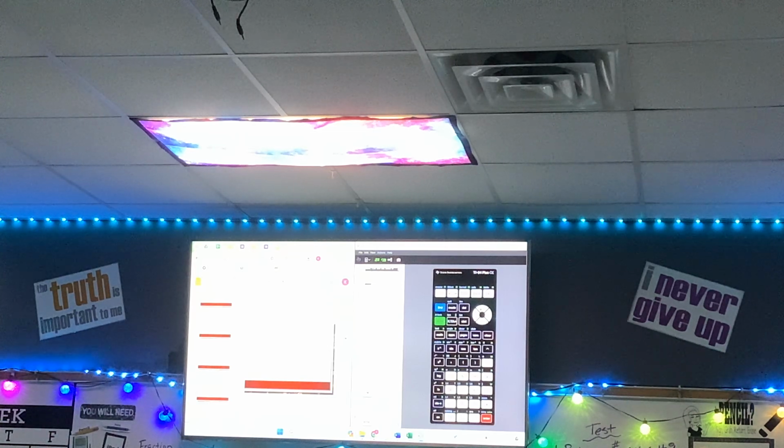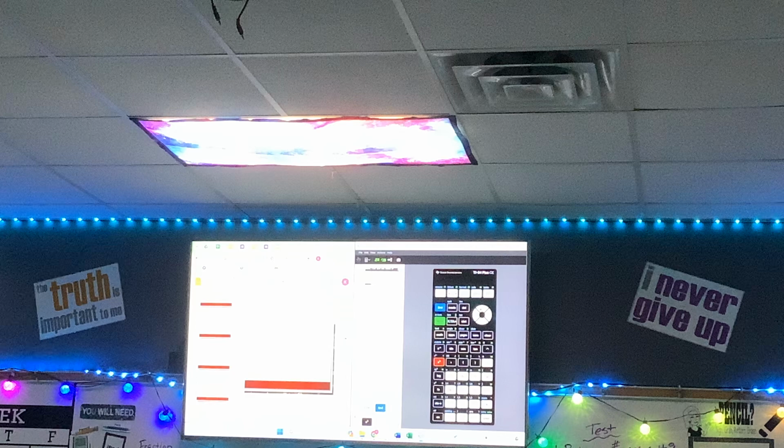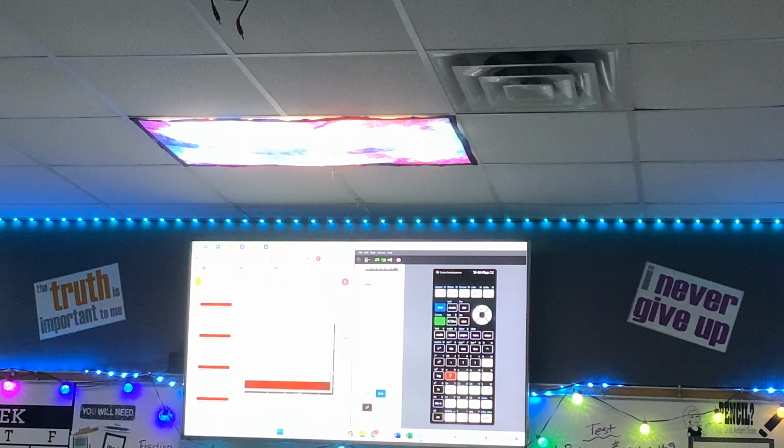The next one I have is the square root of 17. It's a square root, so I know it's going to change. So I hit blue, square root, and I hit 17, enter.